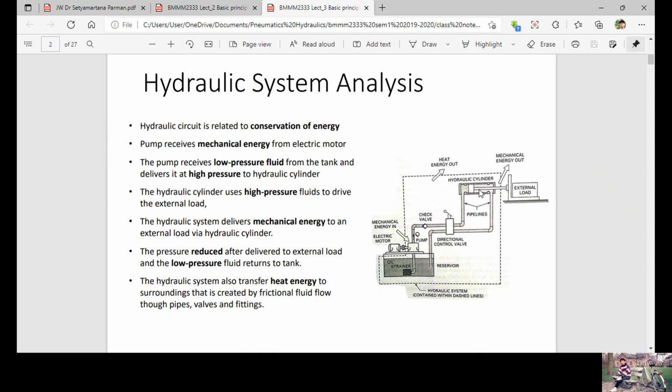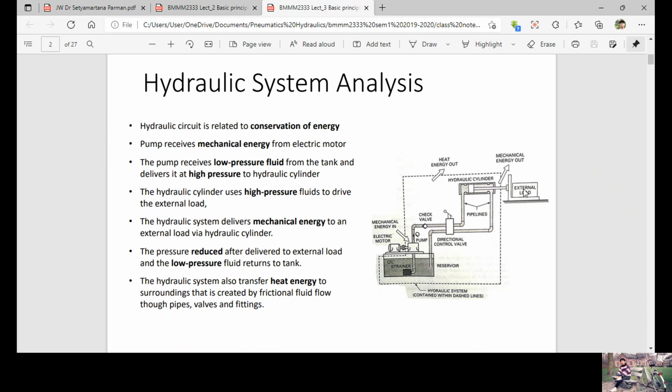The hydraulic cylinder uses high pressure fluid to drive the external loads. And the hydraulic system delivers mechanical energy to an external load via the hydraulic cylinder. The pressure reduces after delivering the load, and low pressure fluid will return to the tank.